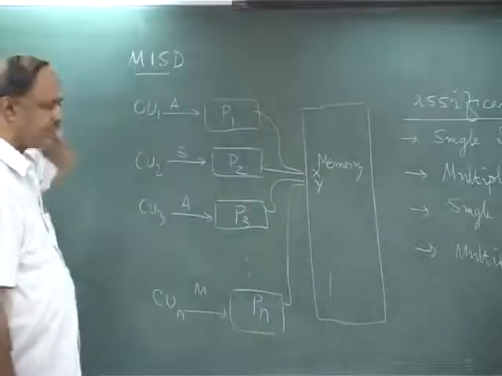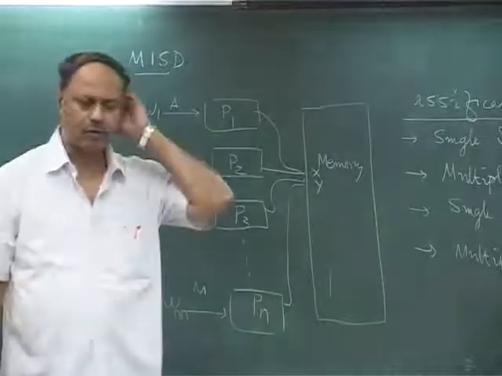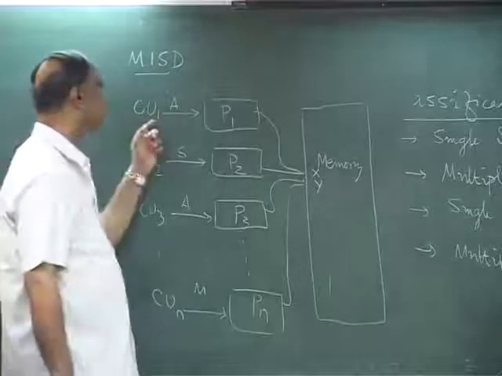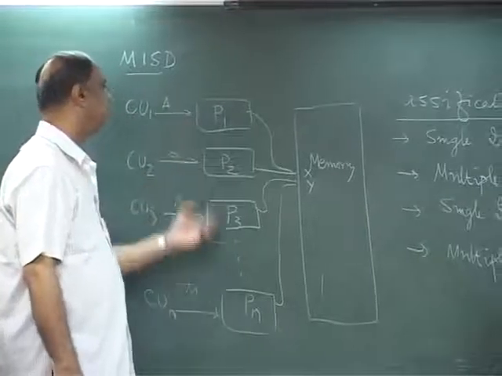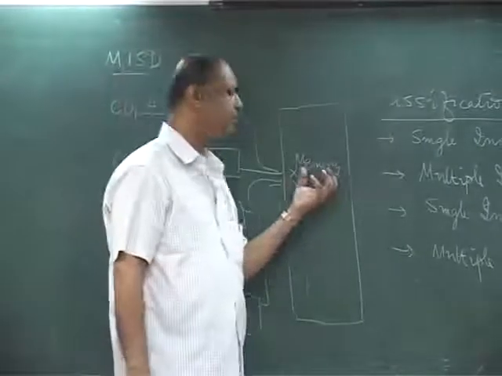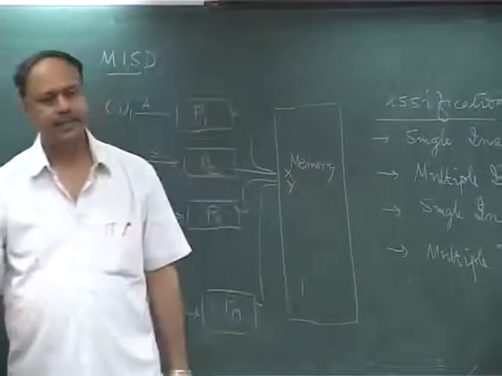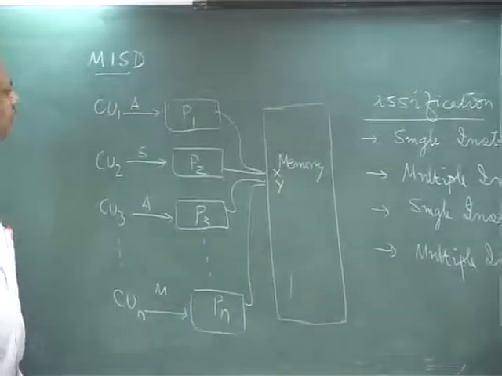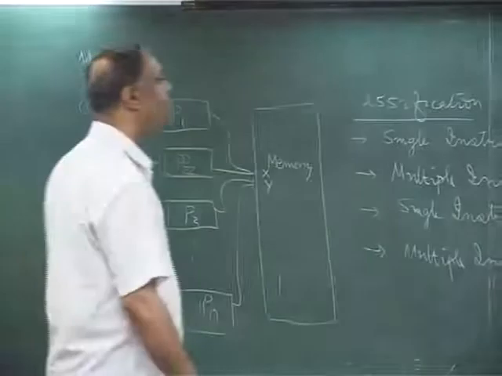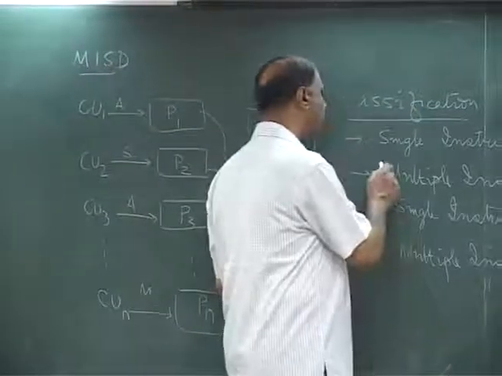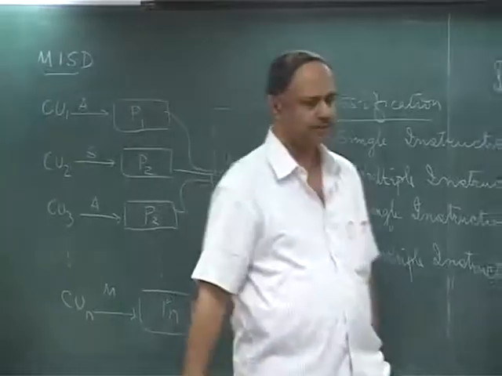That is, all the control units send instructions for different types of operations to the processors, but the operation has to be performed on the same data. In reality, the application of such a model does not exist, and as a result this model dies on the spot.